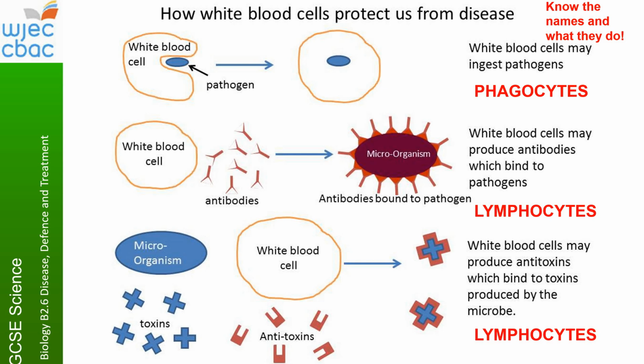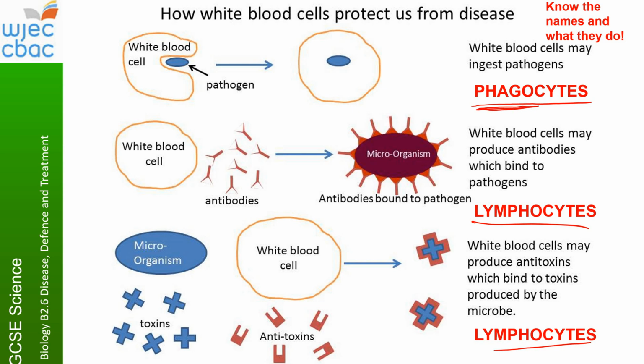And we're now on the page where it says, how do white blood cells protect us from disease? Now, I've put here that you need to know the names, which I've put in bold here, and you also need to know what each type of white blood cell does. So, we've already mentioned this word phagocyte.